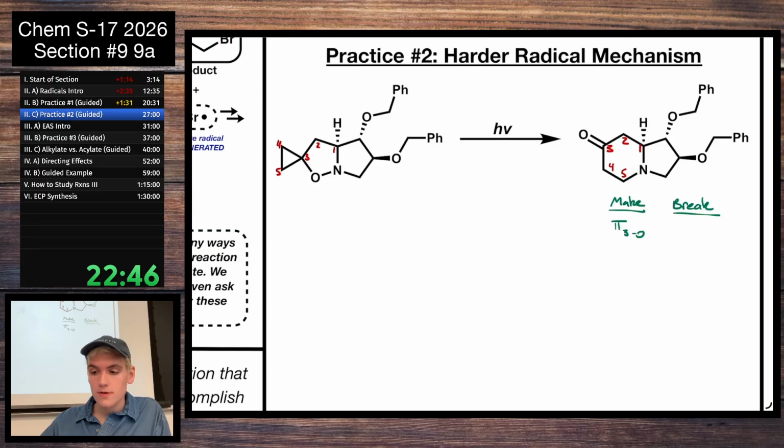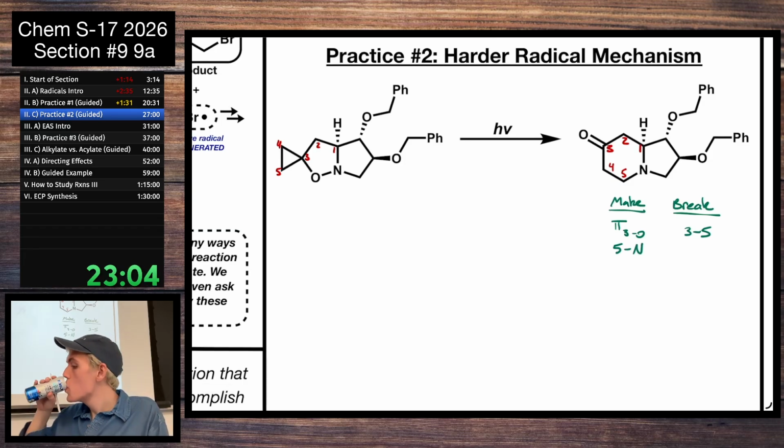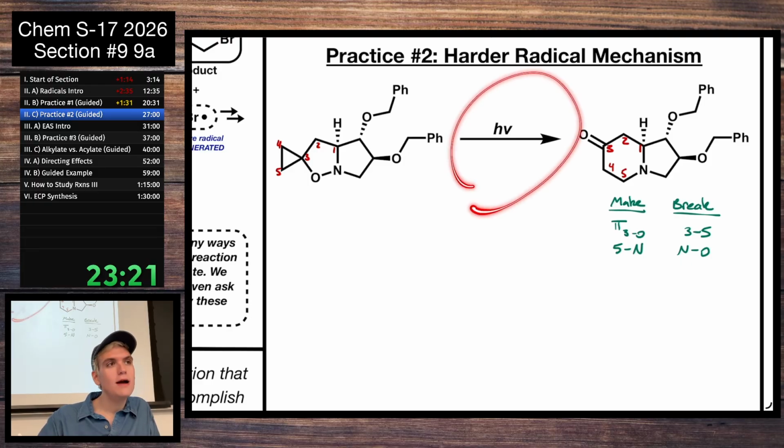Louder. 3, 5 was broken, yeah. 5 N was made. And then we don't have anything else, right? We don't have an HBr actually, so I don't think that we even added an H.